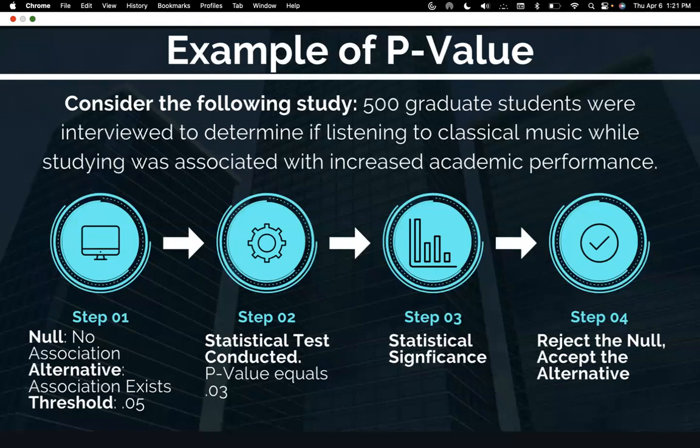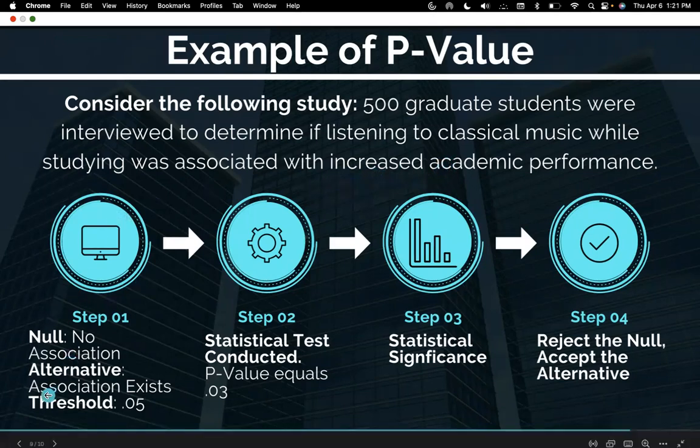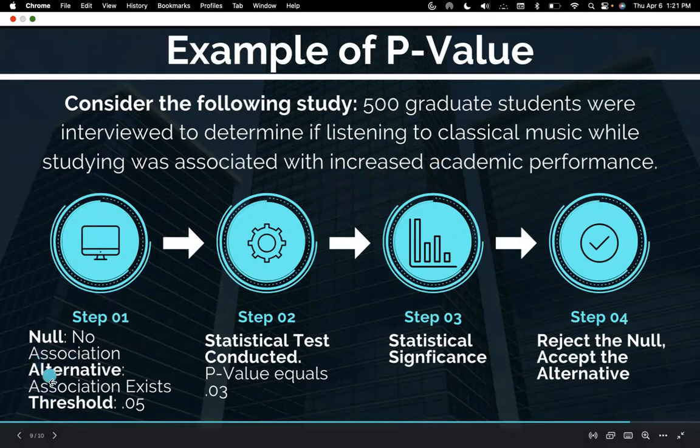As we mentioned, the null is that there's no relationship between listening to classical music and having our academic performance impacted. The alternative is that there is an association, and in this case, we're saying increased academic performance. So we're saying that there's a positive association and that if we listen to classical music, we'll likely have an improvement in our grades. Then we'll set our statistical significance threshold, and we'll use the general 0.05.